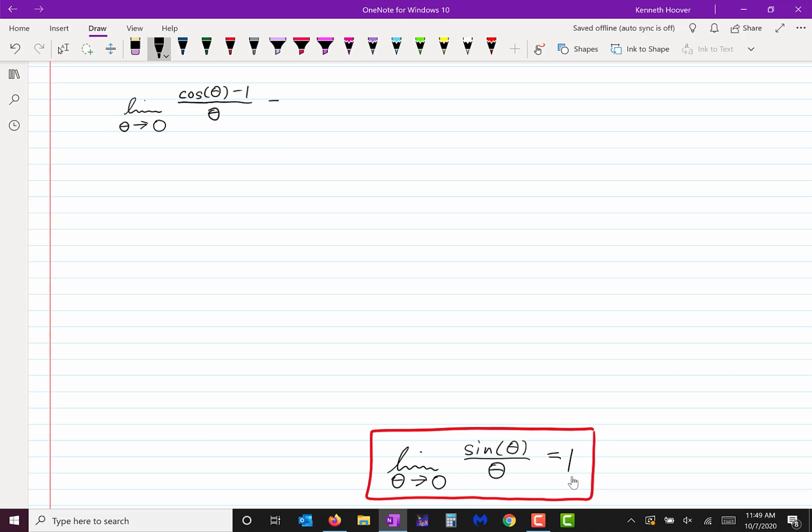Okay, here's what I'm going to do. I'm going to multiply that times the number 1. But I'm going to write the number 1 in a very particular way. I'm going to write it as cosine of theta plus 1 over itself.